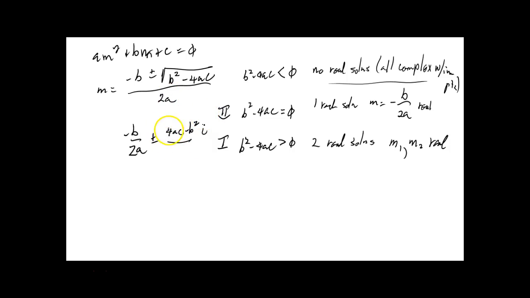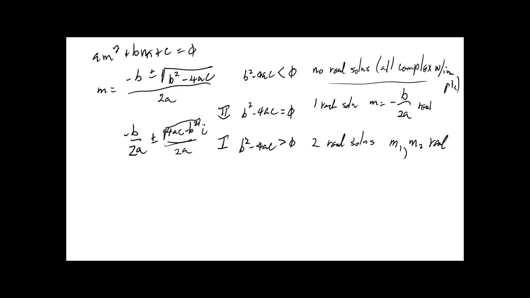But these are complex conjugates of each other: p plus qi, plus or minus qi. Always complex conjugates of each other.